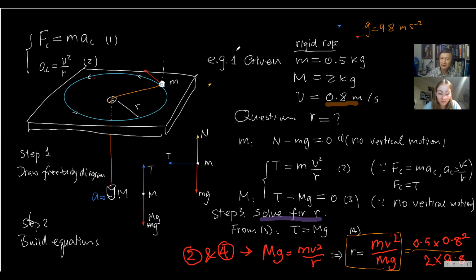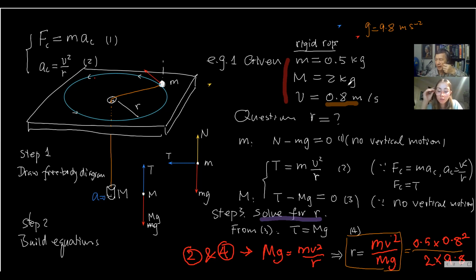But the important thing is that to solve this type of question, first I suggest you list the given conditions. If the unit is not the same as in the international system, you have to convert it. For example, if you have centimeters, you have to convert them into meters.